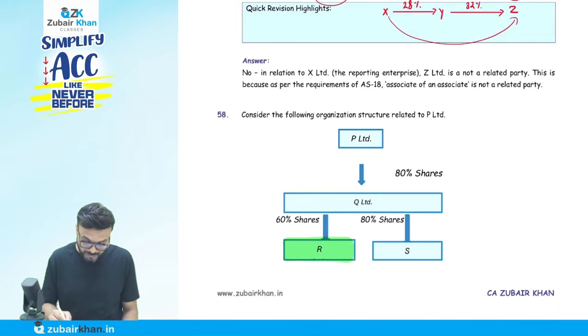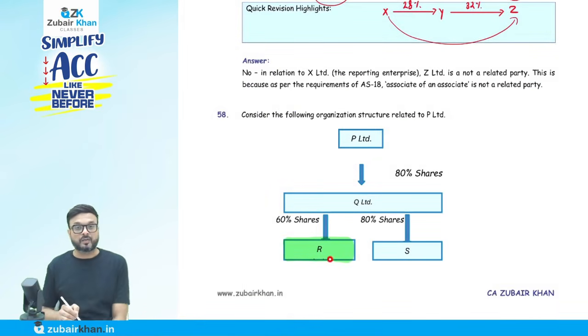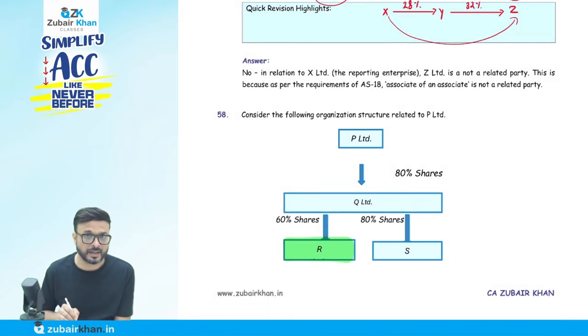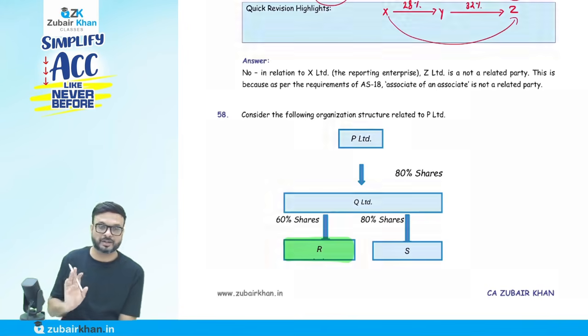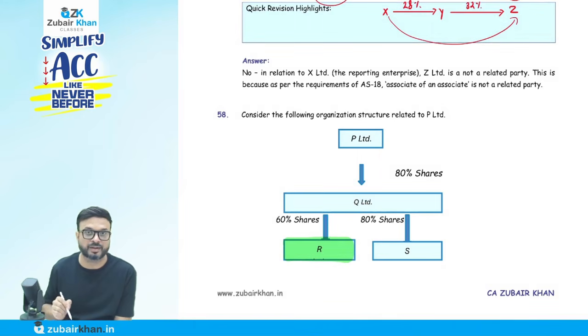One by one. Whether R and P Limited are related parties? Yes, because it is the ultimate holding company. Now whether R and Q are related parties? Yes, it's their holding company. Whether R and S are related parties? Yes, because they are under common control. You got the point? They are under common control, so R and S are also related parties.